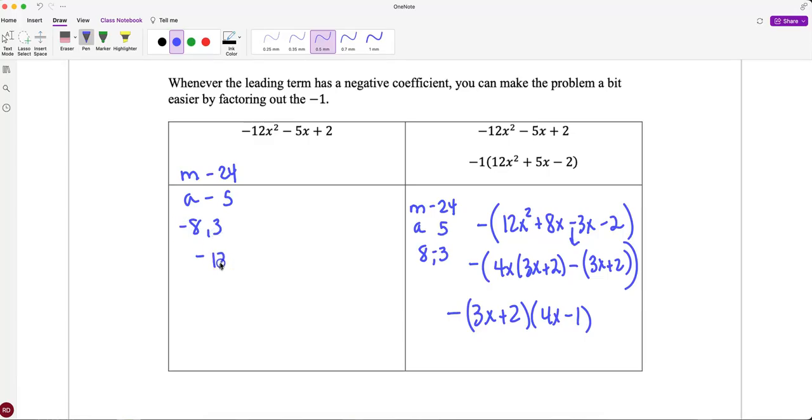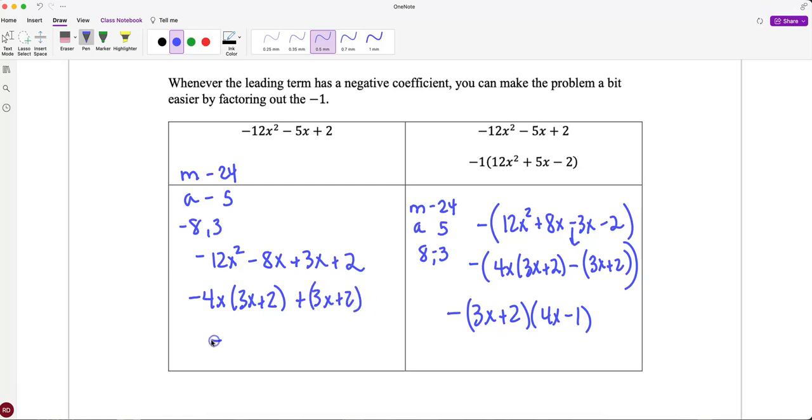So it's a negative 12x squared minus 8x plus 3x plus 2. Then I can factor out a negative 4x, and that gives me 3x plus 2 plus 3x plus 2.